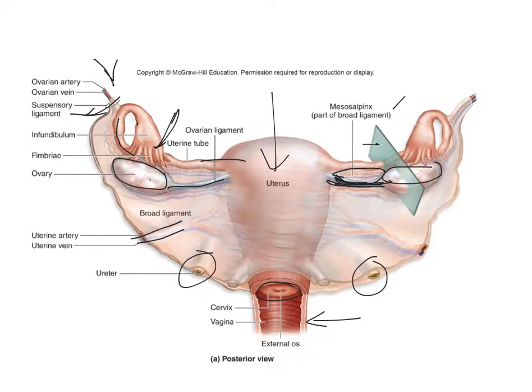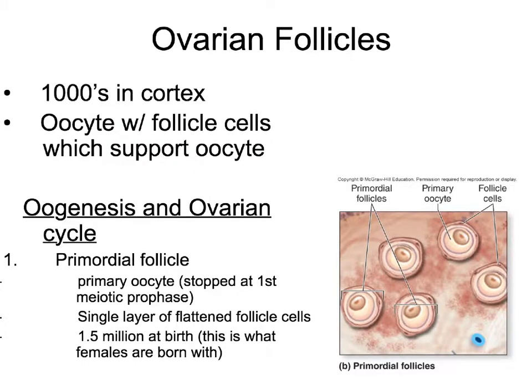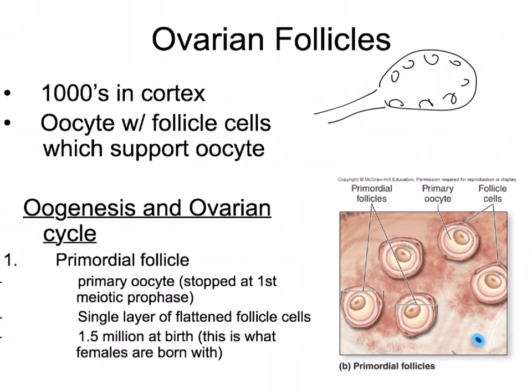All right, so now ovarian follicles. The follicles are found within the ovary. There are thousands of them within the cortex of the ovary. The follicle is the egg with the cells in it that are going to support the oocyte, so they support the egg.